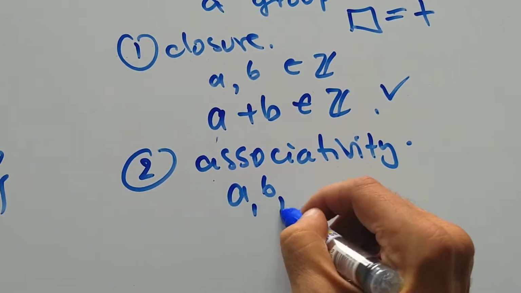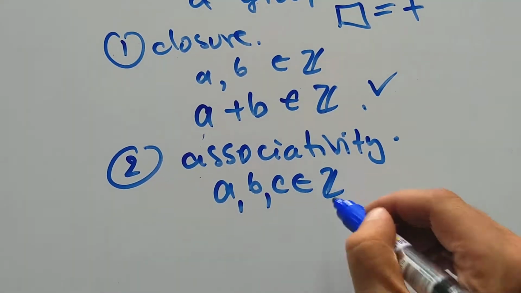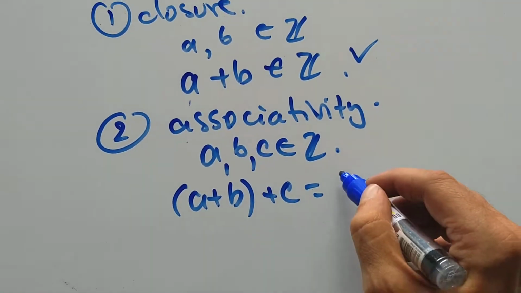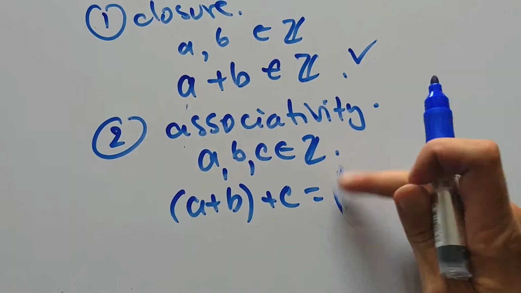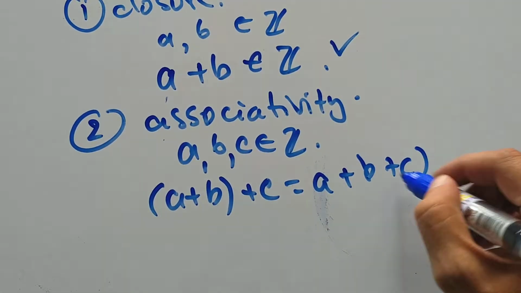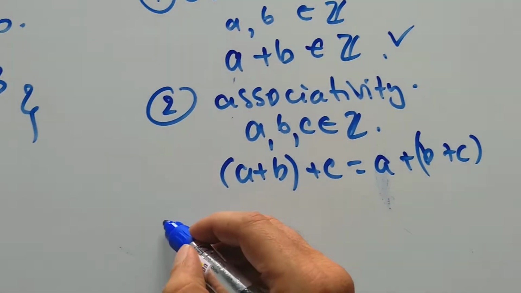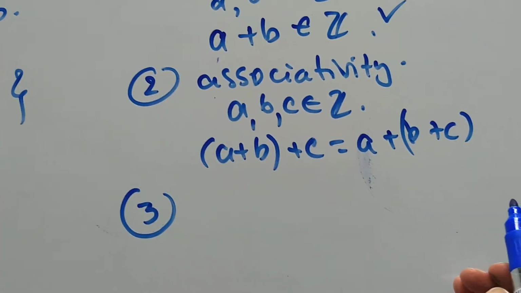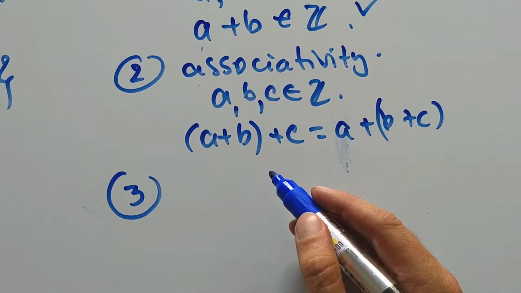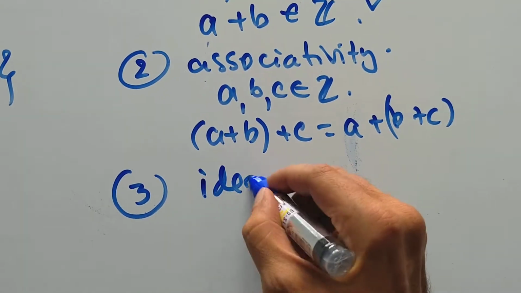Take three integers from Z. If I add it this way, there is no difference than adding it the other way. So it's associative, no problem. The plus is associative. Next, identity.